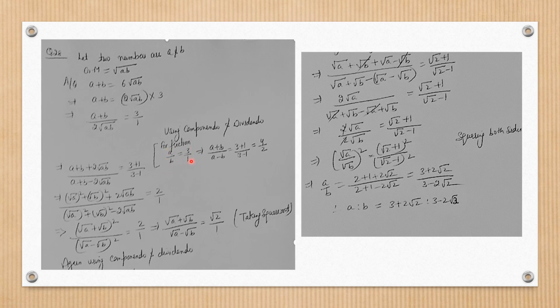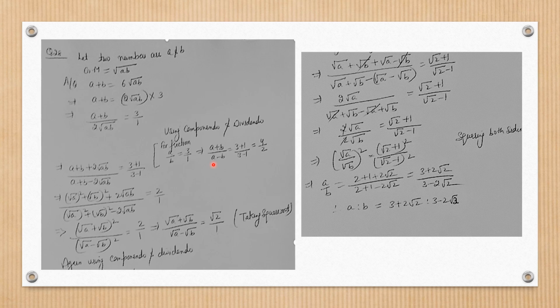upon 1, say some ratio is there, then componendo and dividendo all together. Componendo means the numerator should be expressed as the sum of numerator and denominator, and dividendo means the denominator is expressed as the difference of numerator minus denominator.